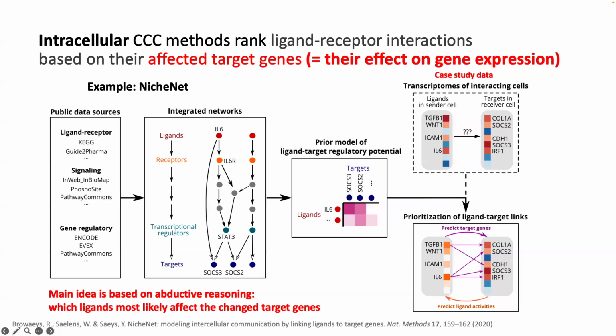You can combine that with a prior model, and basically you can rank your ligands. You can see which downstream target genes they might affect, and you can also pair the ligands with potential receptors. So this is basically the approach you typically do in a NicheNet analysis.